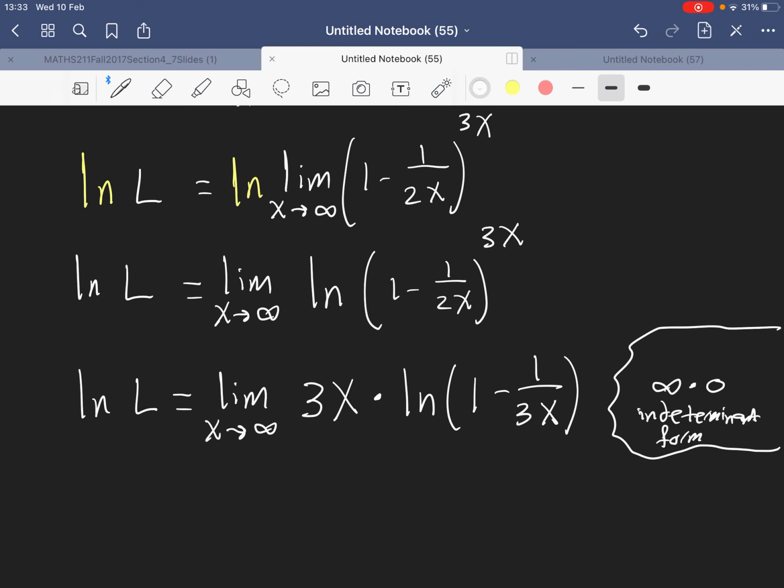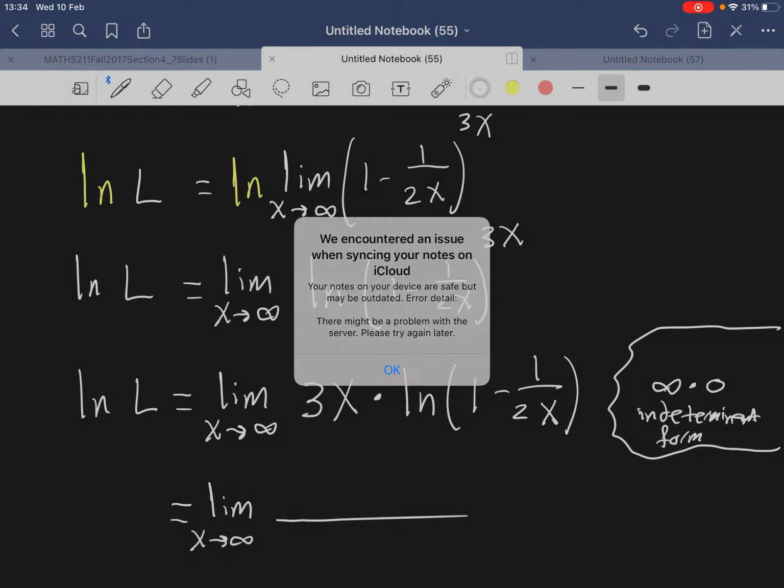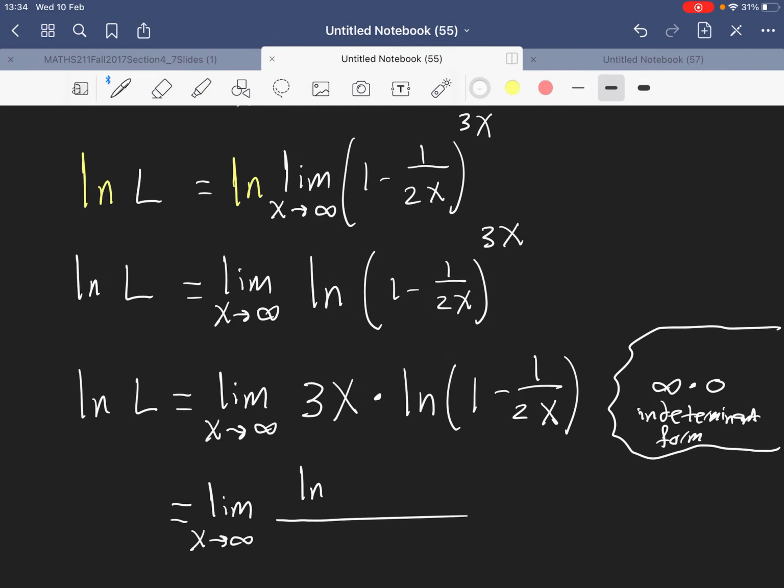So we need to take one of them to be in the denominator in order to use L'Hopital. I'm not sure which one is the easiest, but usually I keep the ln where it is. So I will take this one to be in the denominator. I will keep the ln in the top.